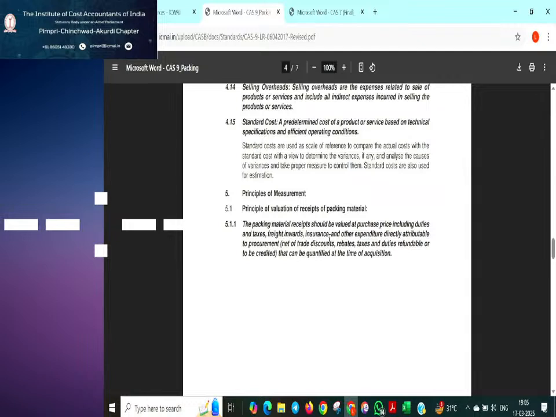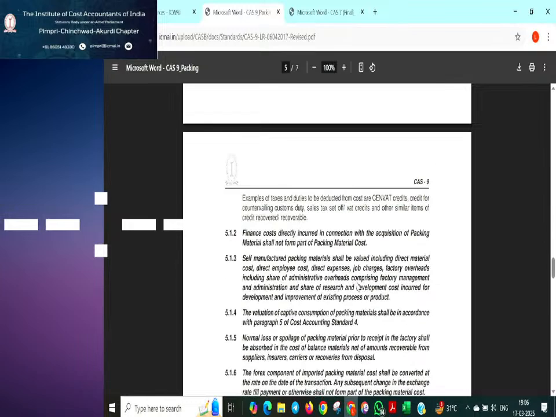The packing material receipts should be valued at purchase price. It is always invoice price including duties, taxes, freight inwards, insurance, everything, and the direct expenditure which is directly attributable to it, net of trade discount. So cash discounts are totally excluded, as are rebates, taxes and duties which are refundable or to be credited, that can be quantified at the time of acquisition.